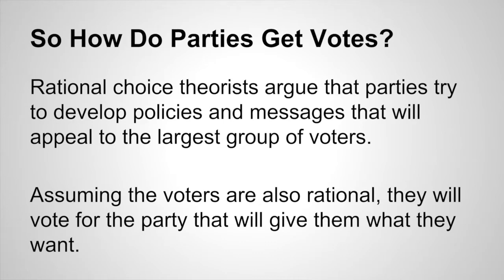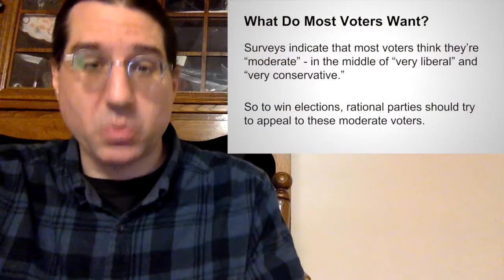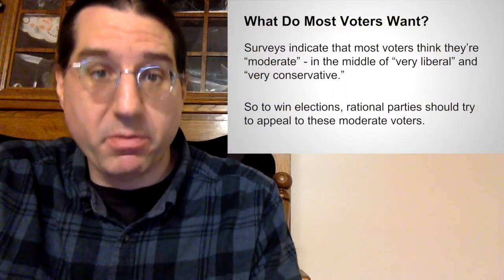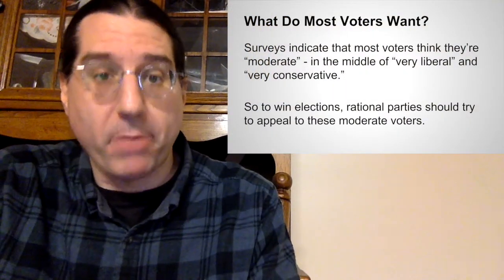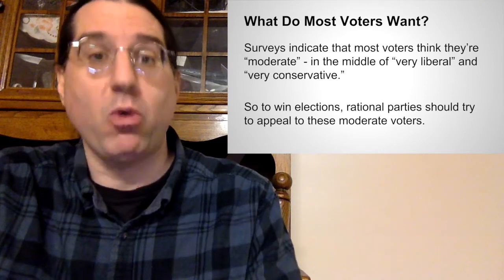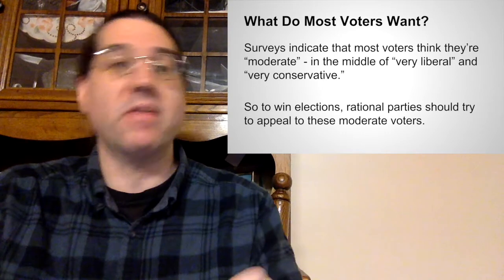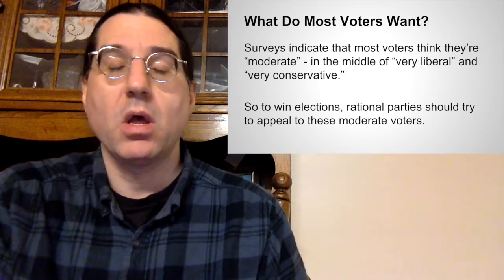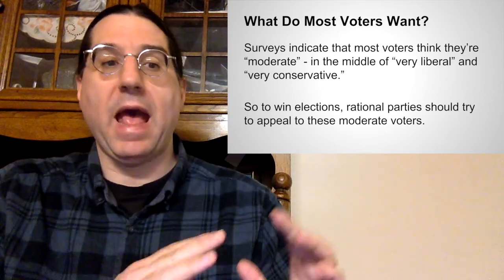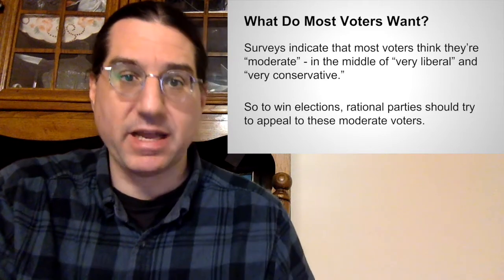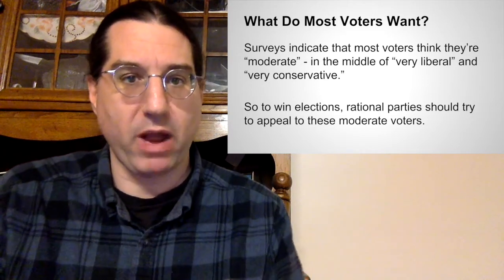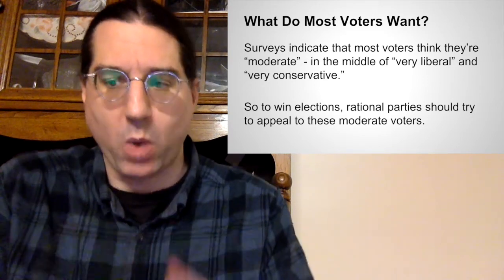Now, if this is how the system works, then it becomes very important for the parties to be able to figure out what the voters want so that they can offer it to the voters. And this is where we go back to looking at polling and what voters have done in past elections and all of those things to try and figure out what the voters are saying that they want.